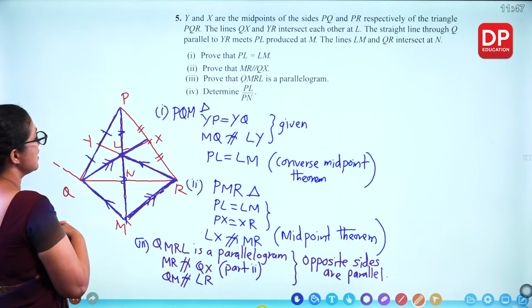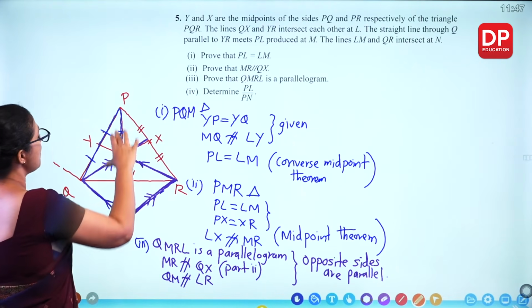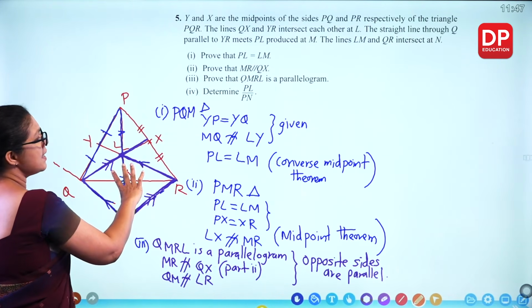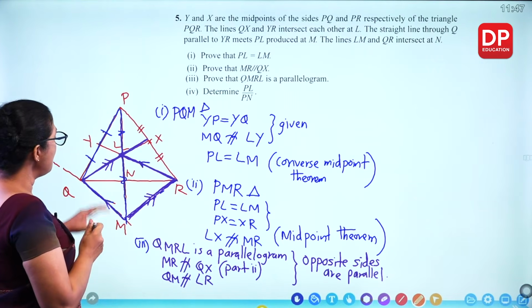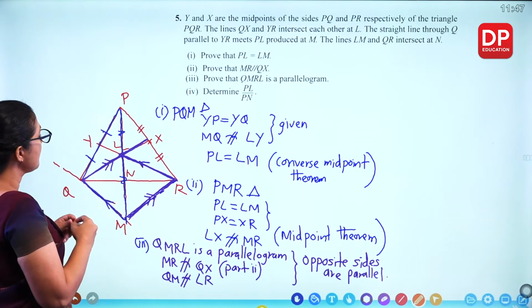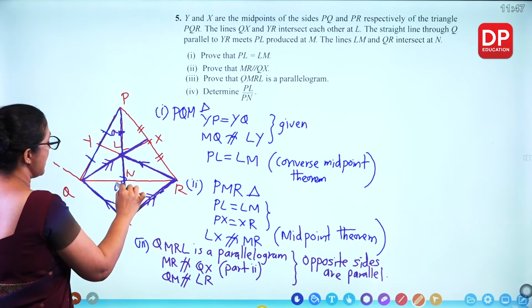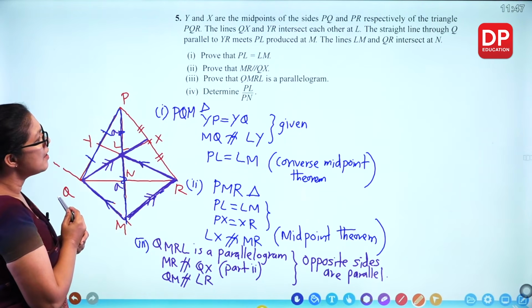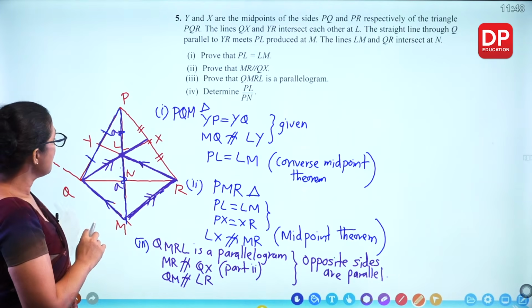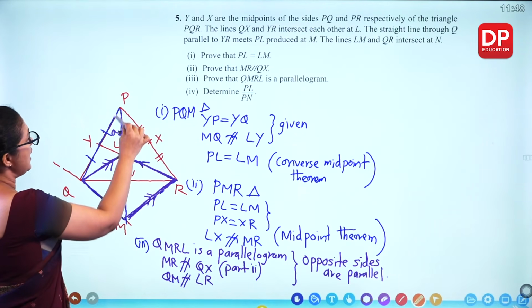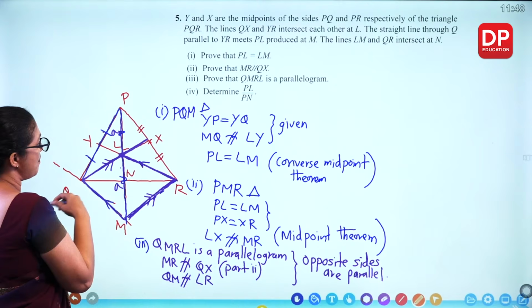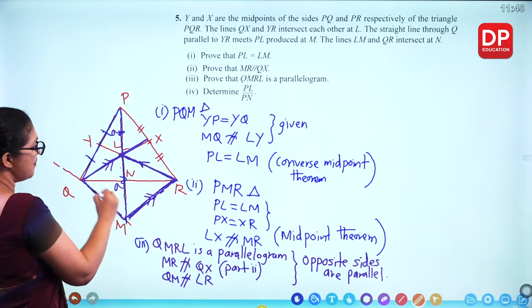Now look at the first part, PL and LM, both are equal. So if this is A, this whole length is A from the first part. Now look at this parallelogram.